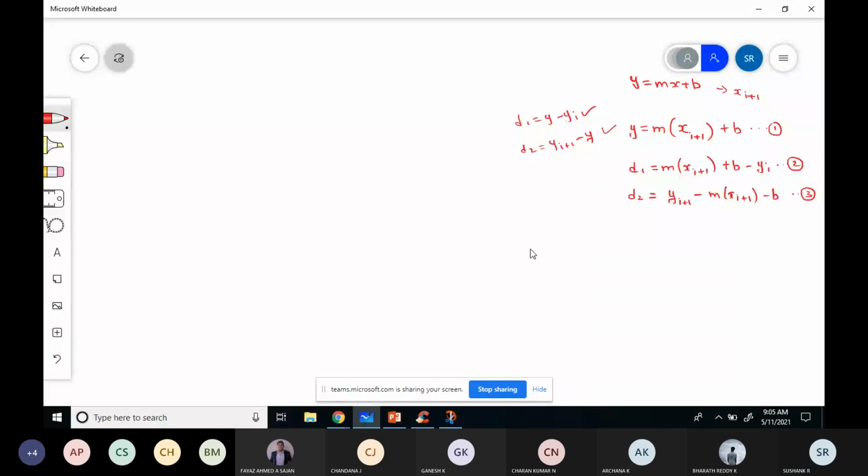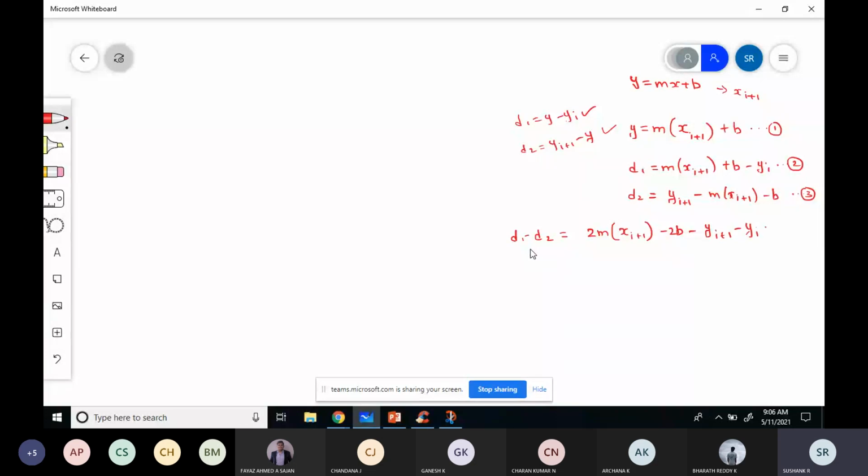So now the difference, d1 minus d2. d1 minus d2 is 2 times m into x of i plus 1, minus 2 times b, minus y of i plus 1 minus yi.